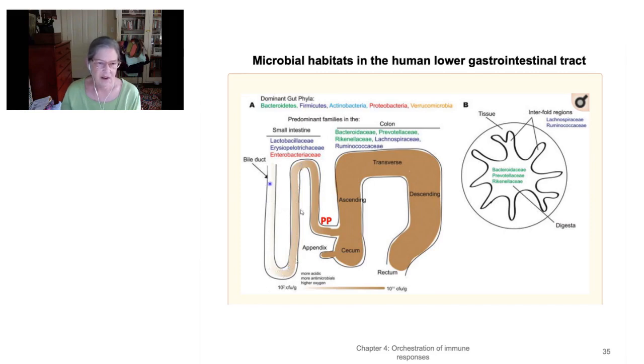You want to create tolerance. You don't want to have an inflammatory situation. So you have a lot of what are called Treg cells, or CD4 cells that actually suppress immune responses. And you need them here and here to make sure that you don't have an inflammatory bowel disease. And actually, most of the inflammatory bowel diseases that you hear of are regarding the colon.